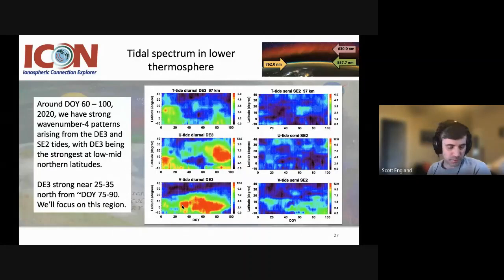If you look at something like the Hough mode extensions, they usually fit a couple of modes to describe DE3. And you're right, the days of year when this stronger meridional wind is maximizing are not the days of year when the stronger zonal wind is quite as maximizing. It's sort of a trade-off between which of these modes is more dominant and which one our analysis is picking up.